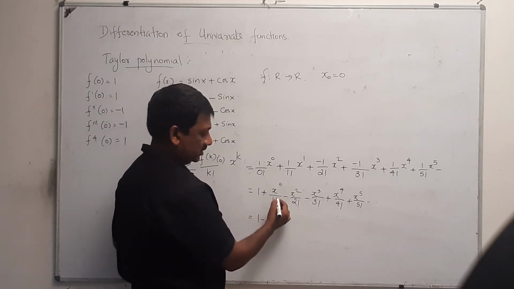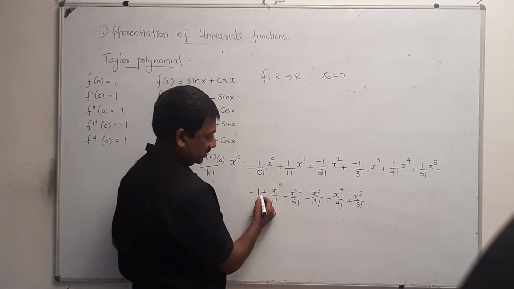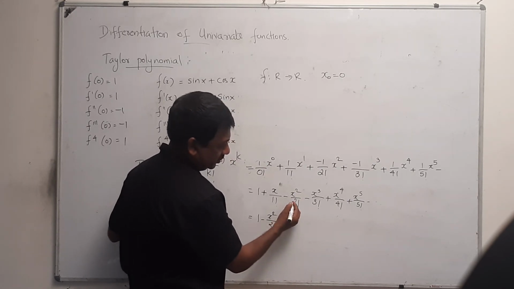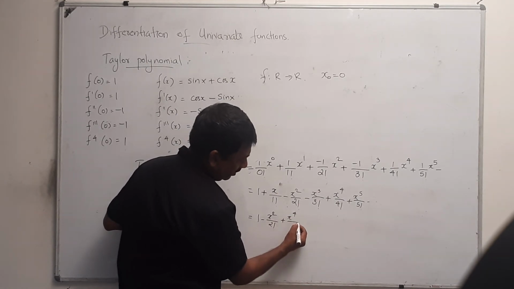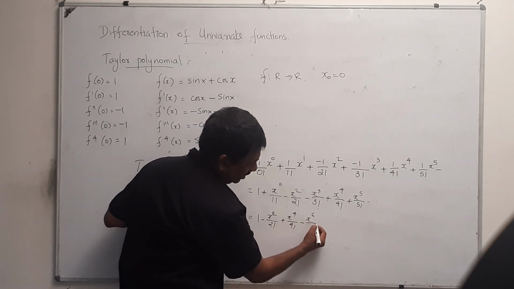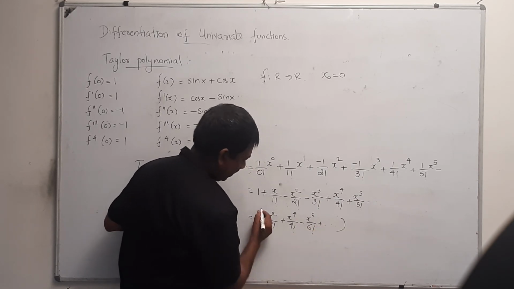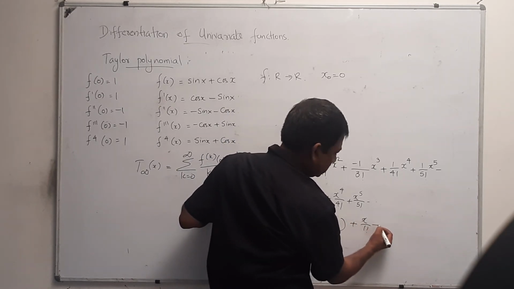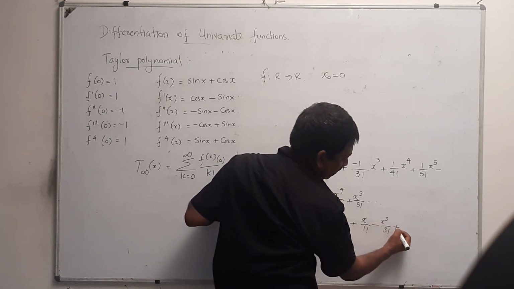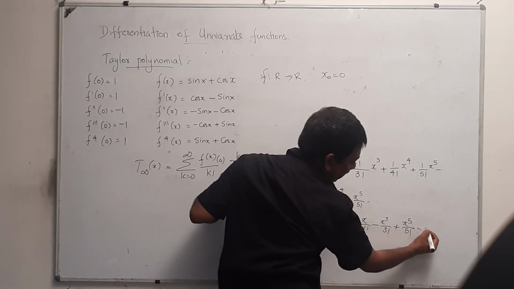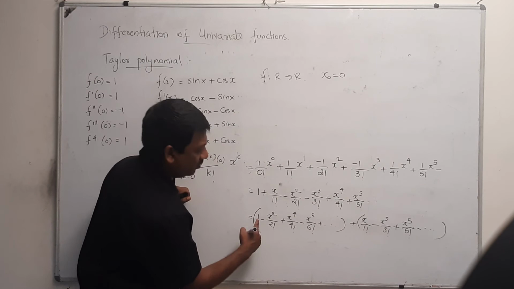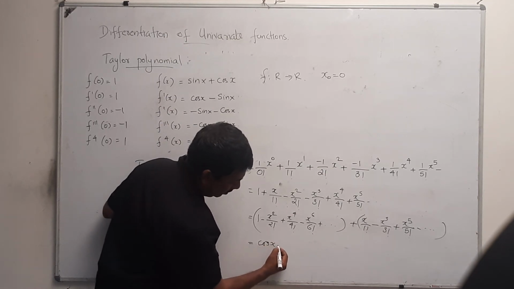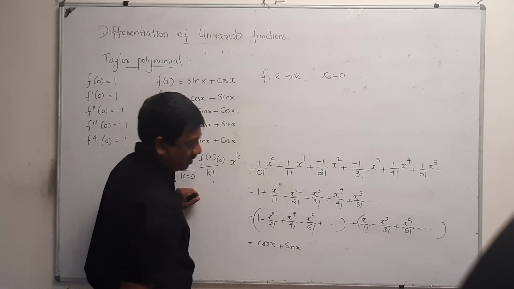That means 1 minus x square by 2 factorial plus x raised to 4 by 4 factorial minus x raised to 6 by 6 factorial plus etc., plus x by 1 factorial minus x cube by 3 factorial plus x raised to 5 by 5 factorial minus etc. So this is 1 minus x square by 2 factorial plus x raised to 4 by 4 factorial plus etc. This is cos x, plus sin x. Cos x plus sin x.